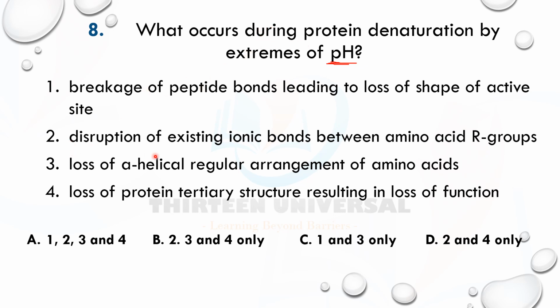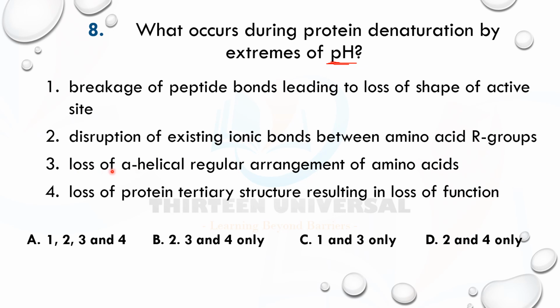But look at number two, destruction of existing ionic bonds. Now, ionic bonds are broken by pH. An ionic bond helps to form tertiary structure, which gives enzymes their precise shape. If ionic bonds are broken, the tertiary structure will be lost. That means the active site will be distorted and less complementary, and substrates won't be able to bind to it. So 2 should be there.